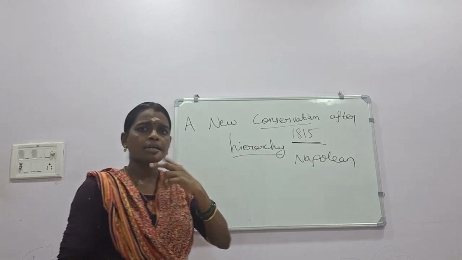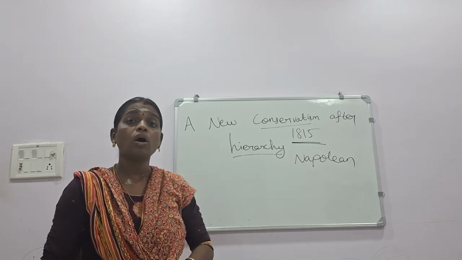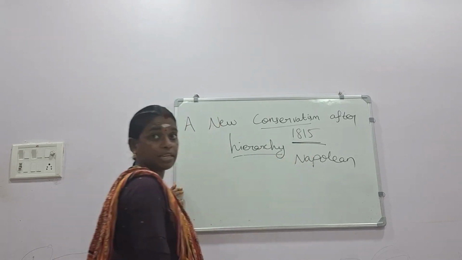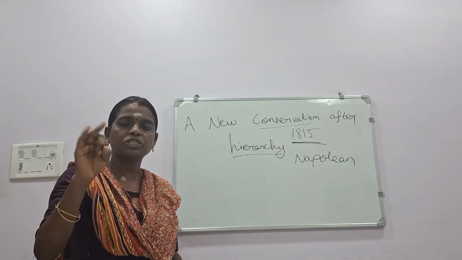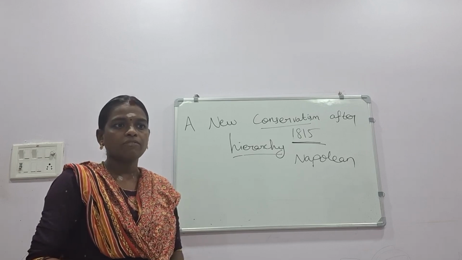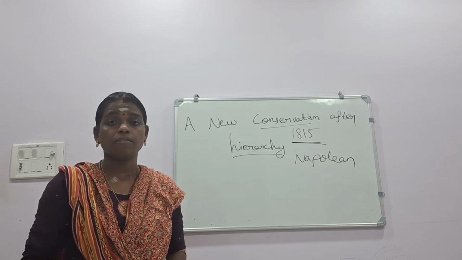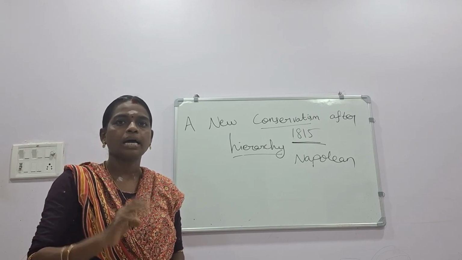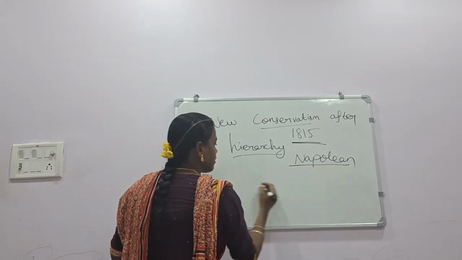Let's see, I already told you in 1815 Napoleon was defeated. Let's see who defeated Napoleon. Napoleon was defeated in 1815 by Britain, Prussia, Russia and Austria. He was defeated at the place Vienna.